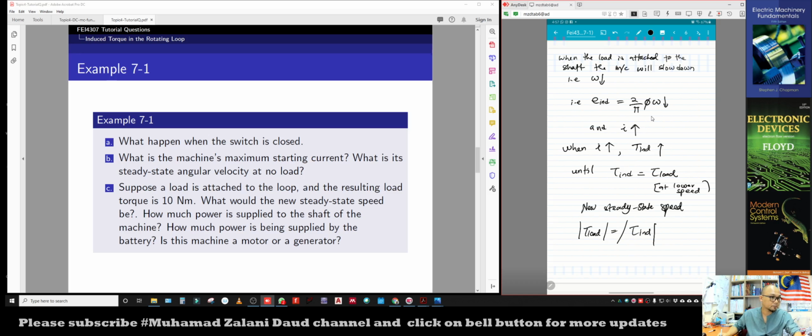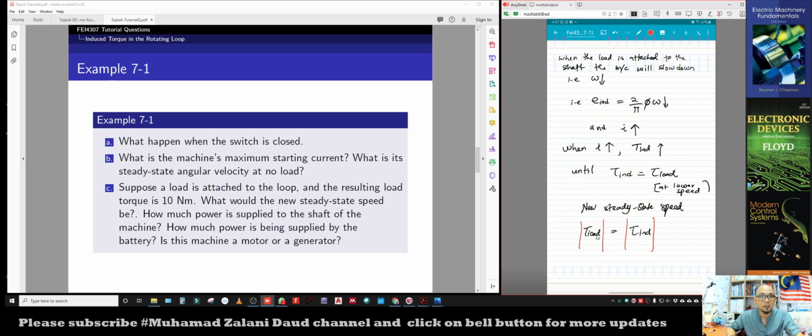Alright, so I simply represent this using absolute value, because actually let me just use the red color. I'm using the absolute value of torque because at this time we don't know the condition now.